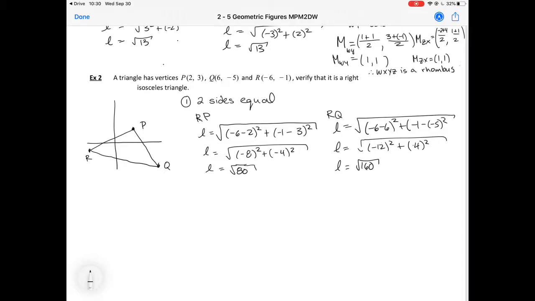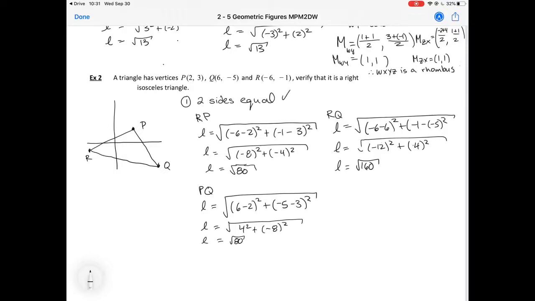And then the last one we're going to check is PQ. So we're looking at our length formula again. We have got x2 minus x1 squared plus y2 minus y1 squared, which is going to give me 4 squared plus minus 8 squared, which is going to give us that root 80. So we've checked that 2 sides are equal.